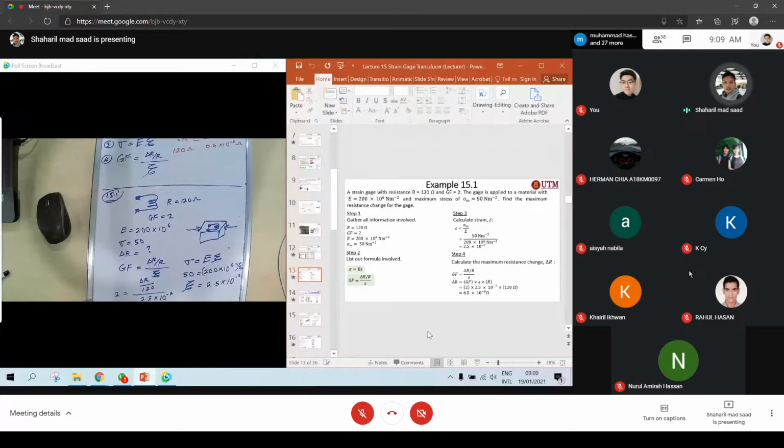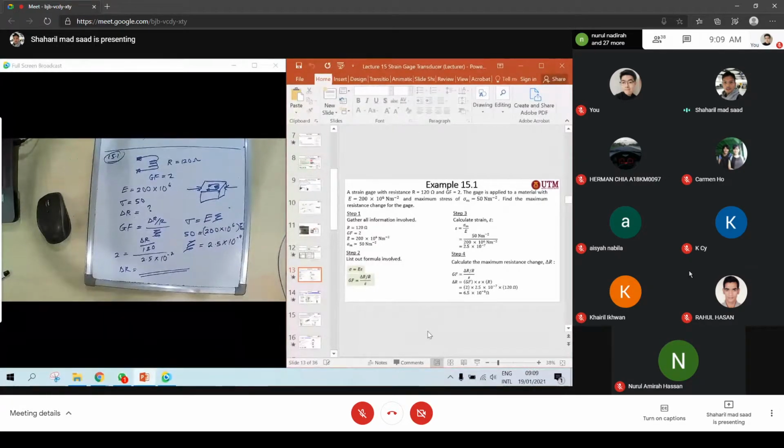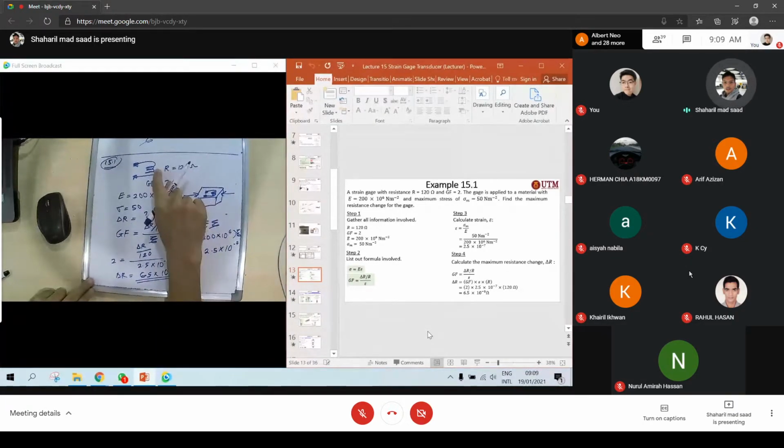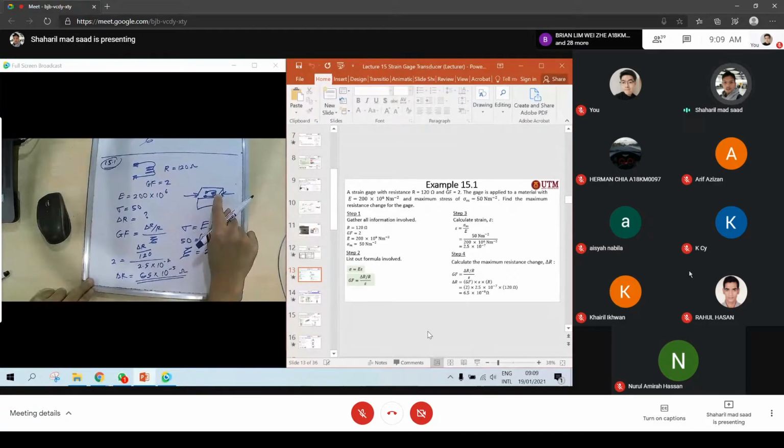Then we can get our delta R here. So you got 6.5 times 10 power of -5 ohm. The initial value for the strain gauge that is applied on this material is about 120 ohm.